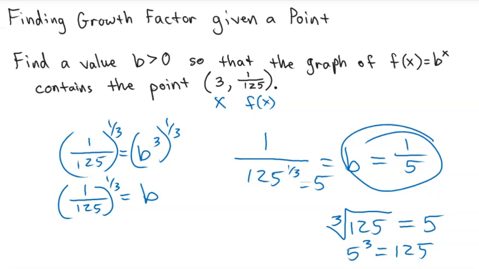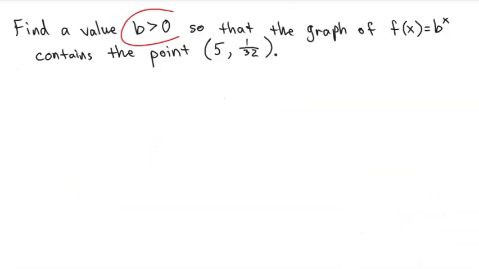Let's do another example. Once again, we want to find a value b greater than 0 for the graph of f of x is equal to b to the x power, and it contains the point 5 and 1/32. So the x value is 5, and the f of x value is 1/32. So we're going to put 1/32 for f of x, and 5 in for x.